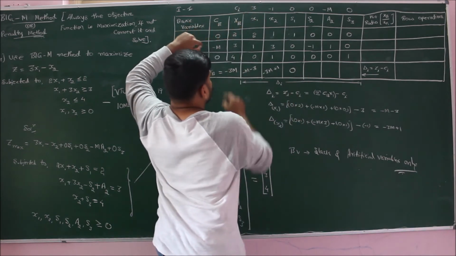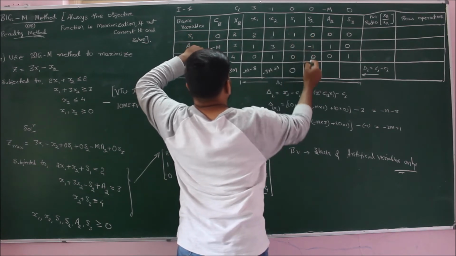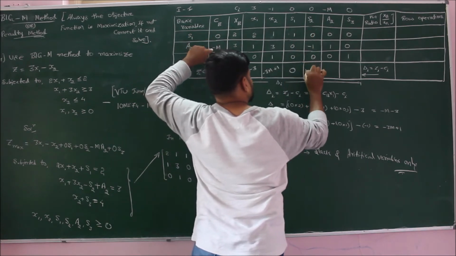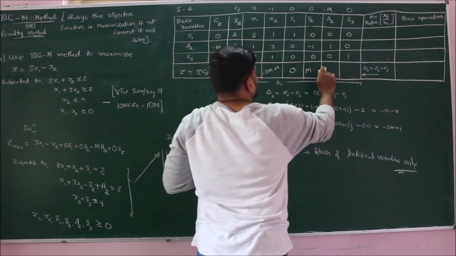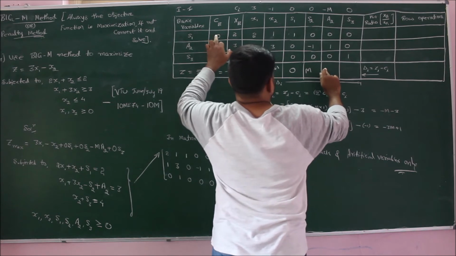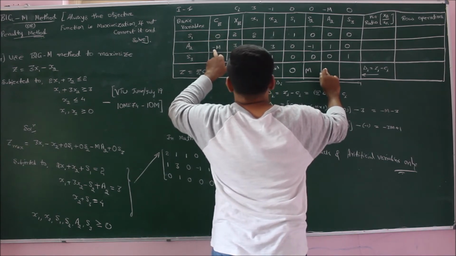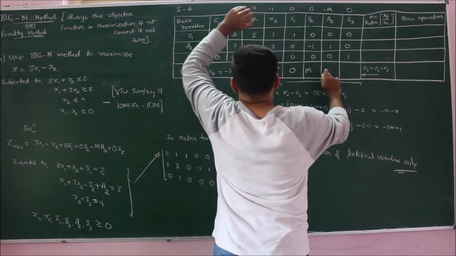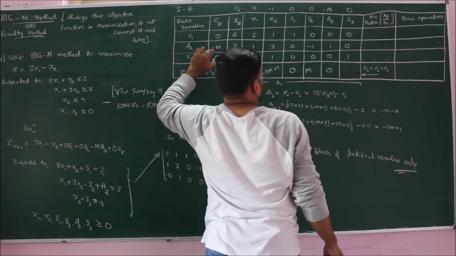Similarly for s2, 0 into 0, minus into minus is plus m, 0, that is plus m, minus 0 is m. So coming for a2, 0 into 0 is 0, here I have minus of minus is plus m, minus m plus m will get cancelled, I will get the value as 0.